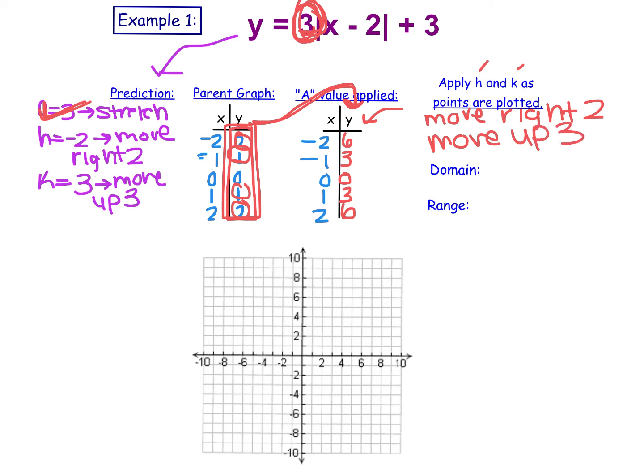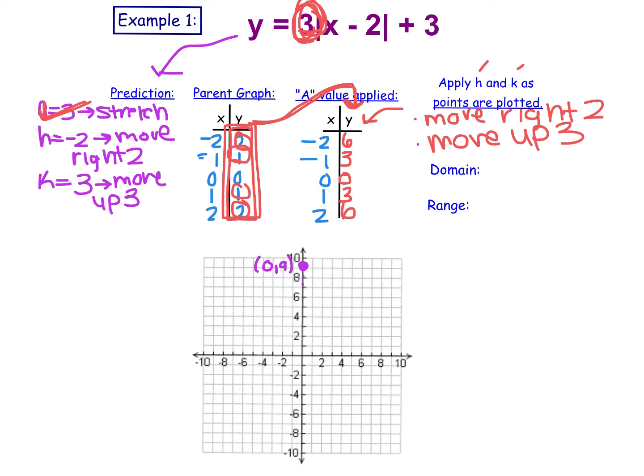So what I mean by this is I'm going to go to my graph, and I'm going to go to x is negative 2, y is 6. So that's about right there. And before I make a committed plotted point, I'm going to apply these two movements. I'm going to move to the right 1, 2, and then move up 1, 2, 3, and plot that point. So that is the point x is 0, y is 9.